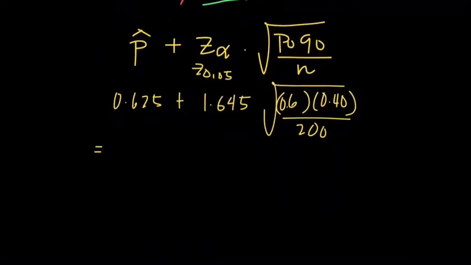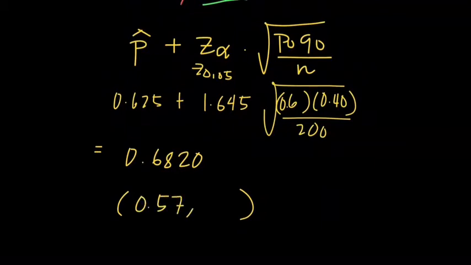So 0.625 plus 1.645 times the square root of the quantity 0.6 times 0.4 over 200. This gives me 0.6819. So as we can see, the confidence interval that estimates the proportion is 0.57 up to 0.68.